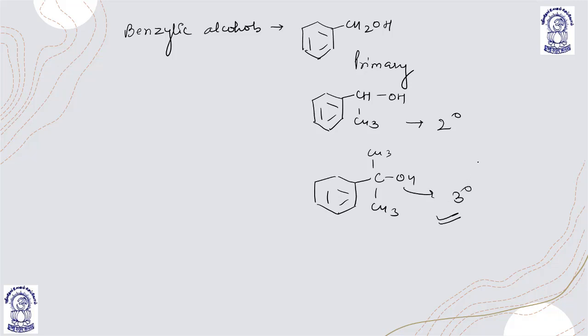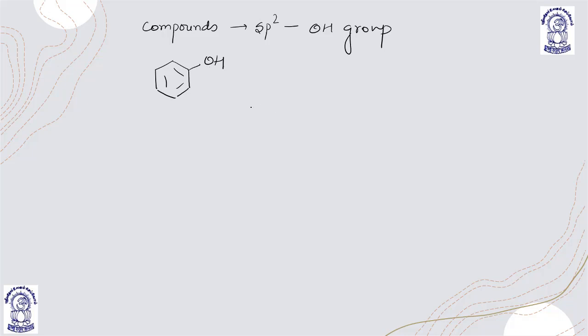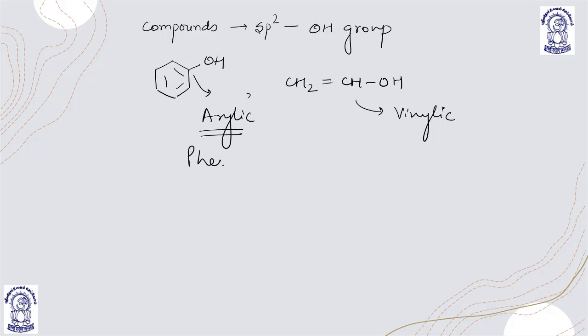Okay. Now, the compounds containing sp2 carbon attached to the OH group: aryl alcohols, vinylic alcohols, phenols.